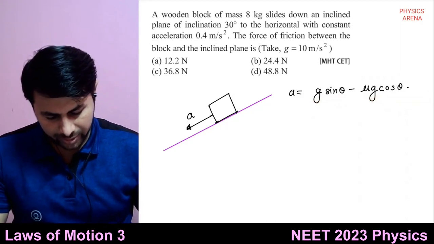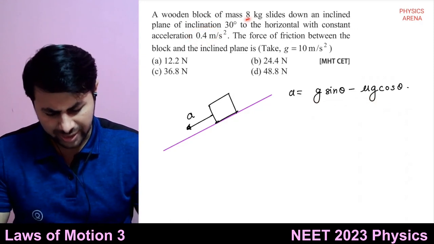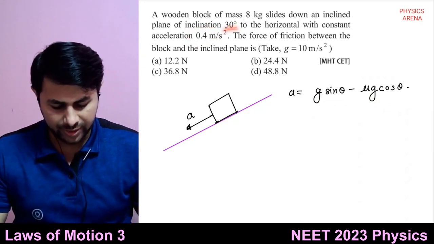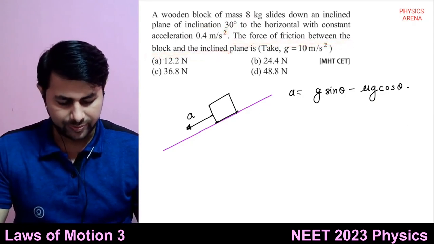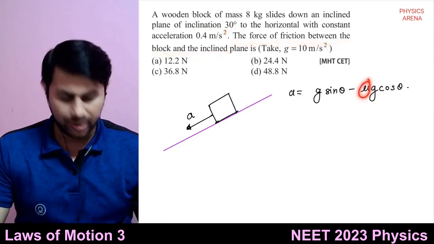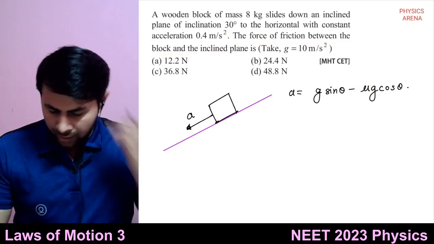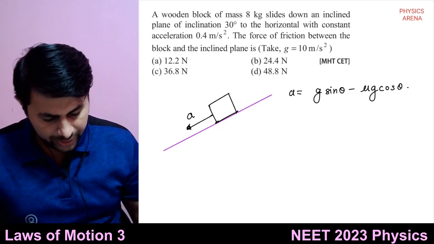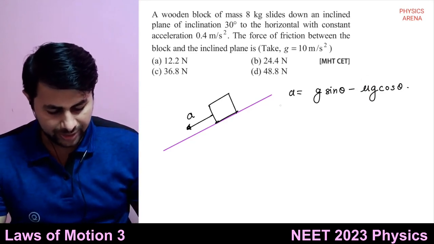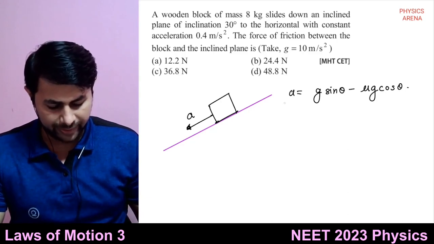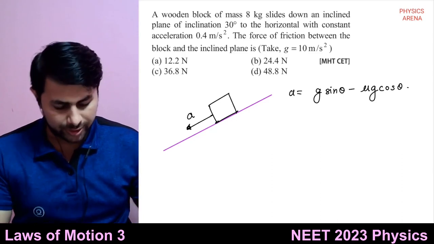So this is given, it's 0.4, and then its mass is given. Inclination is given, that means theta is given. So the force of friction we have to find out. From here we'll get the value of mu, right? All right, so here we want to find out the force of friction, so let's multiply this with M. There is no need to find out mu also.